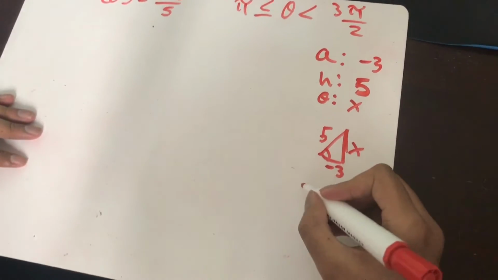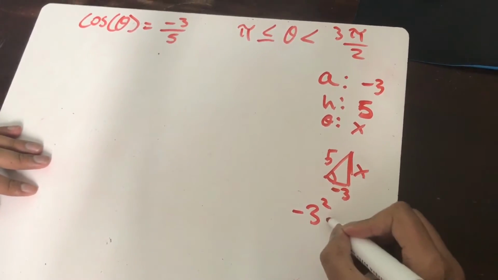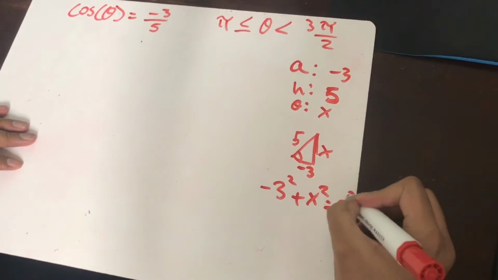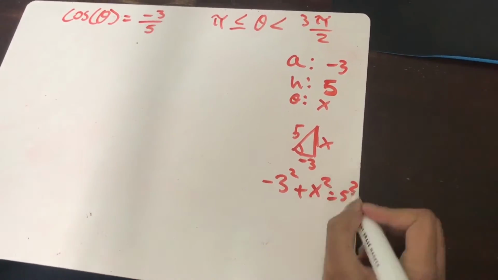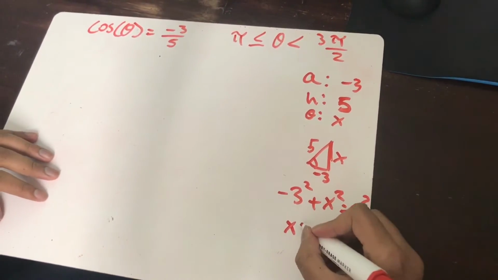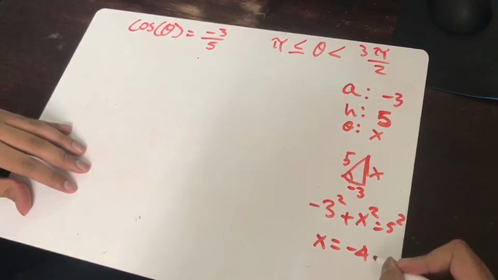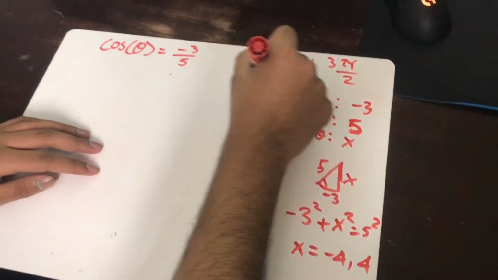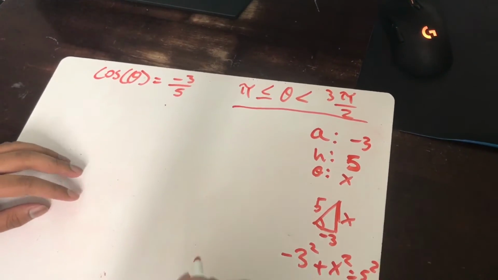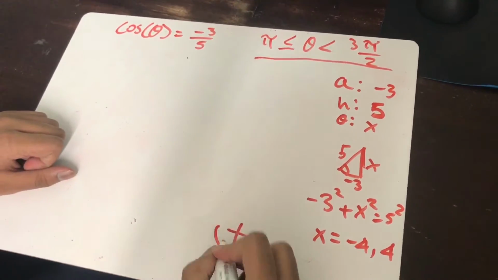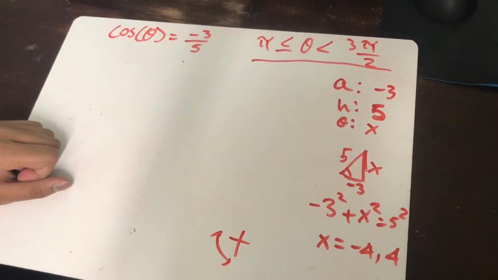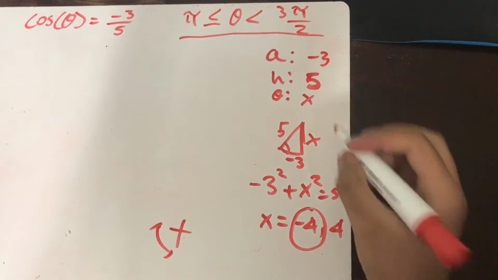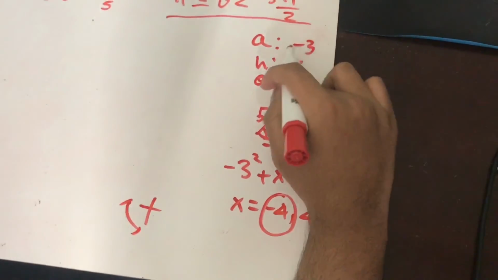So now we're going to do negative 3 squared plus x squared equals 5 squared. And when we complete this, we're going to get x equal to negative 4 or 4. However, because our restriction is on the third quadrant, which is this side of the graph, we're going to be using negative 4 as our coordinate. So our opposite is going to be negative 4.